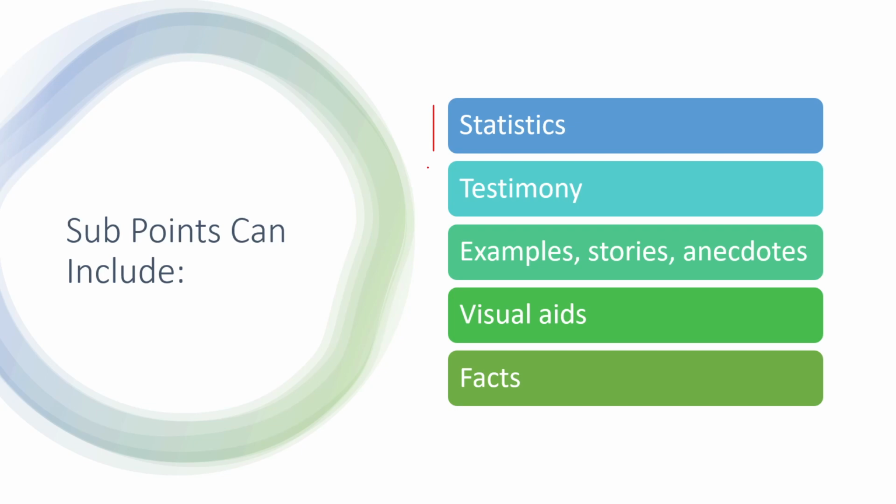If you take 3 children, one of them suffer from malnutrition or something like that. Then testimony. So that means something that has actually happened and someone is talking about it. That is testimony. You can use examples, stories, anecdotes. Maybe these are little stories with a punch. These anecdotes. Then you can show something. Those are called visual aids, and you can give facts.